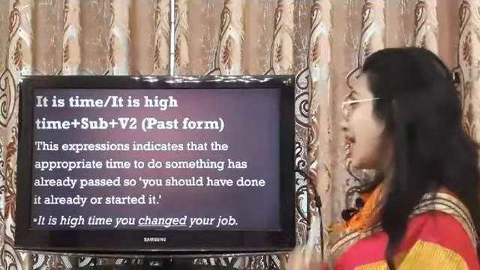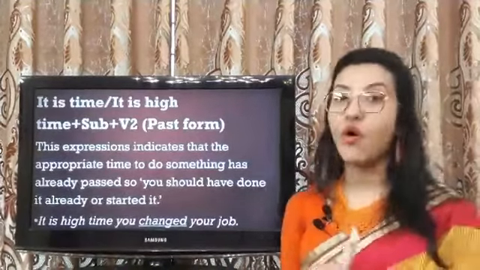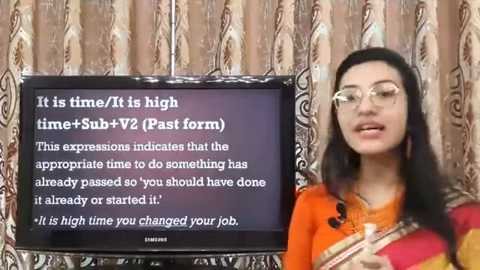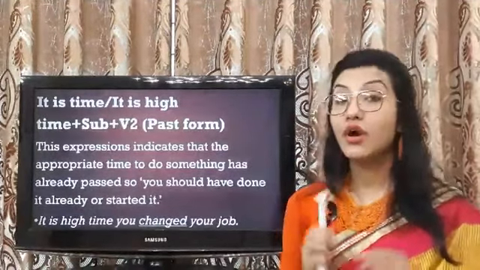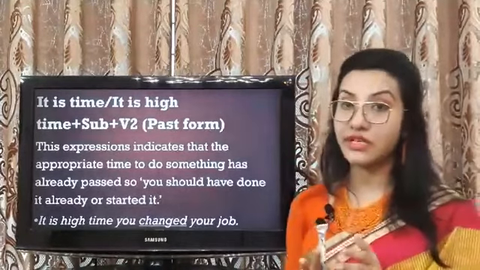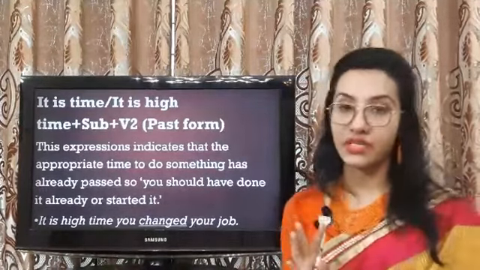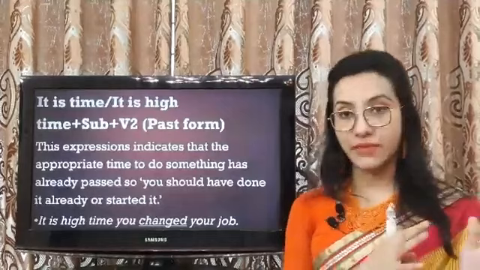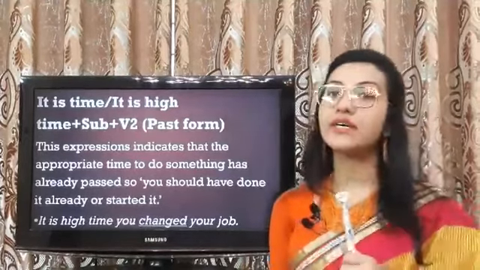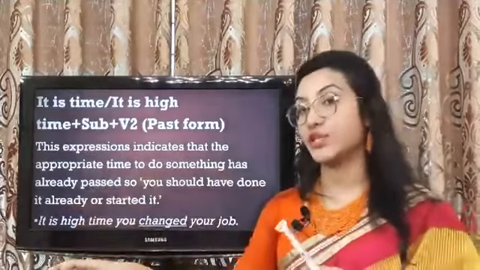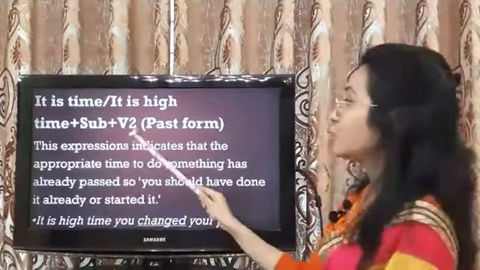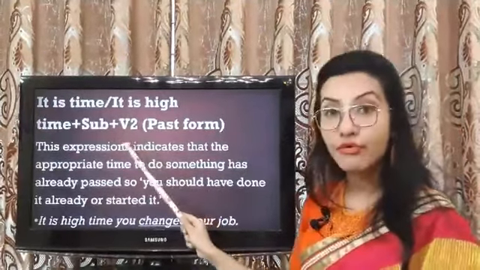So you should have done it already or started it. Here I talk about a task whose proper starting time has already passed; I have left it behind. So now I have to do it. So this has a relation with the past as well. For that reason we have used V2 past form.